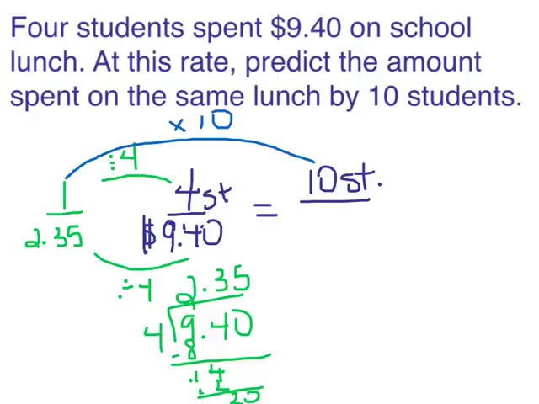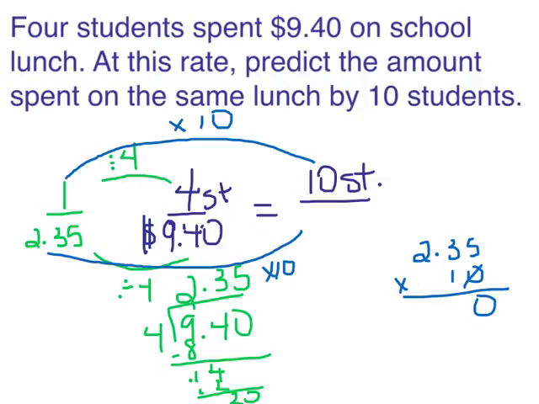I would do the same thing here. $2.35 times 10 will give me my same rate for that ratio. So $2.35 times 10 is going to give me $23.50.